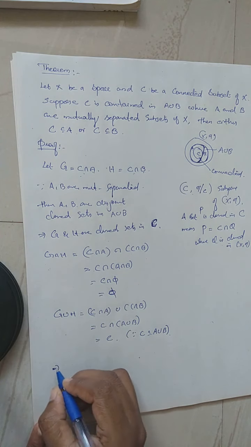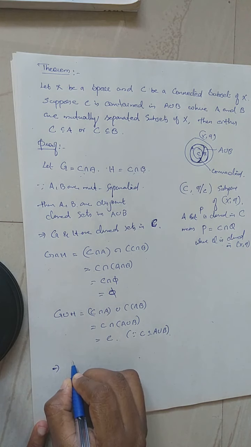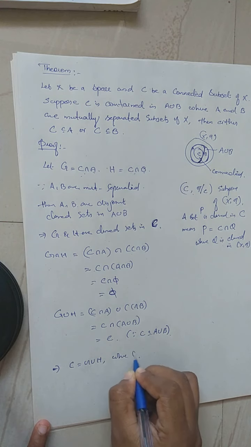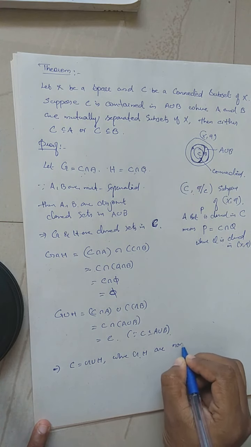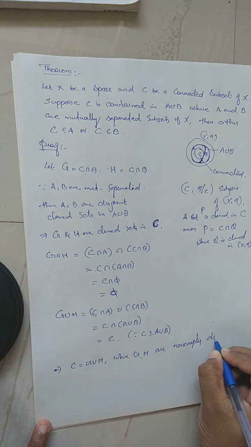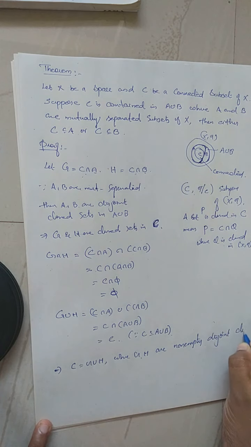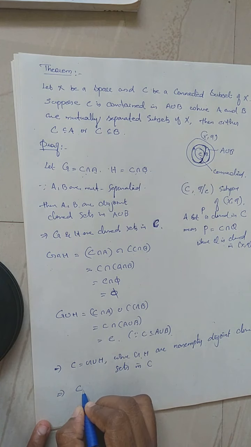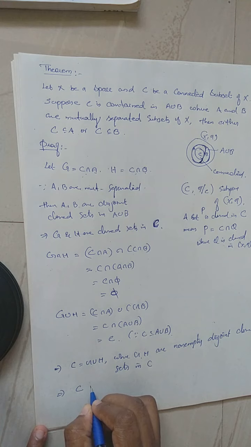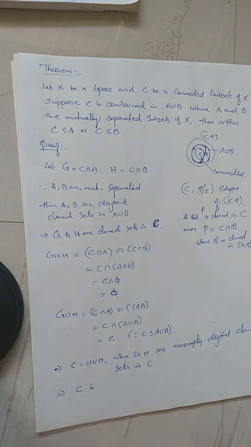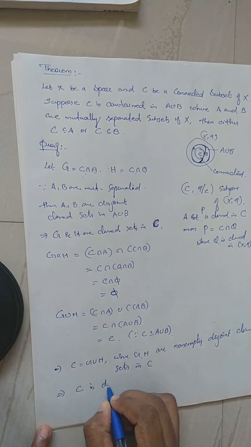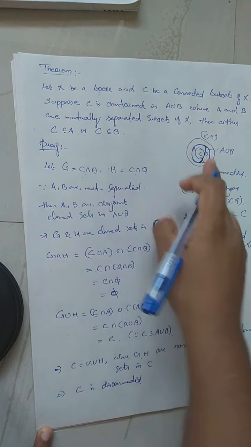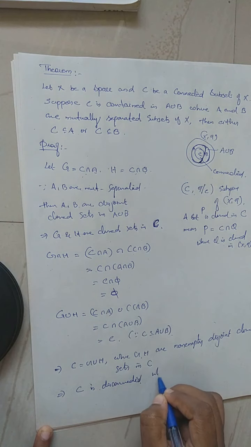Which means C equals G union H, where G and H are non-empty disjoint closed sets in C, which implies C is disconnected. Is it possible? No, because C is a connected subset, right? So which is not possible.